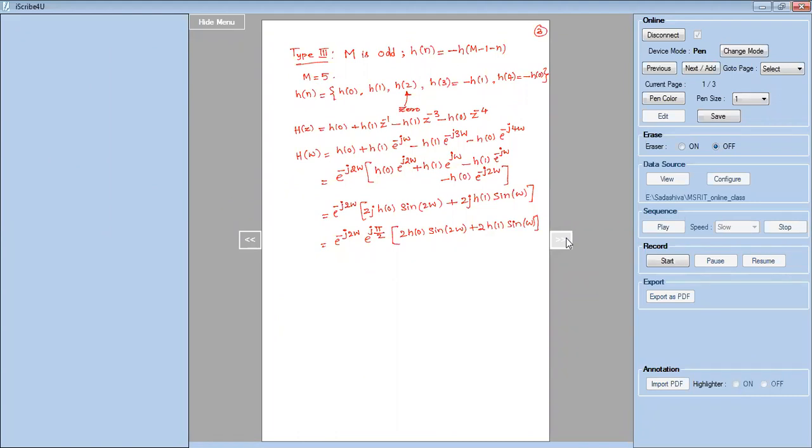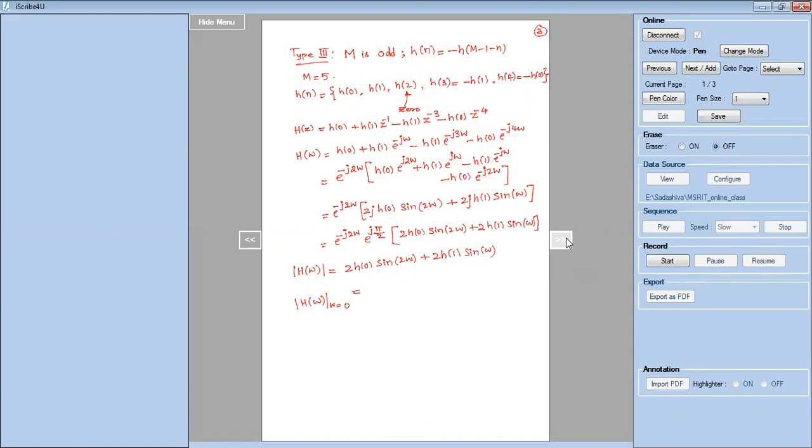Okay. After this, I want only the magnitude. The magnitude of h of omega is equal to 2 times h of 0 into sine 2 omega plus 2 times h of 1 into sine omega. Now, can I find out the magnitude response at omega is equal to 0?